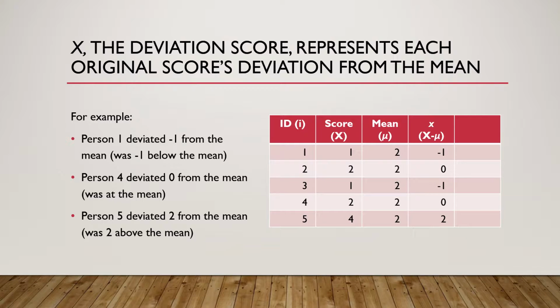Now x, the deviation score, represents each original score's deviation from the mean. So for example, person 1 deviated -1 from the mean. Their score of 1 was 1 below the mean. Person 4 deviated 0 from the mean, to pick a second example. And as a third example, person 5 deviated 2 from the mean, was 2 points above the mean.